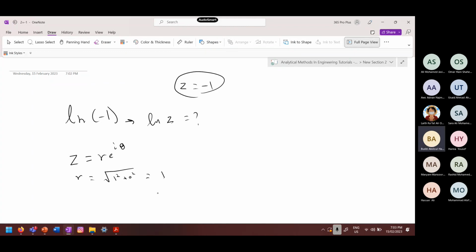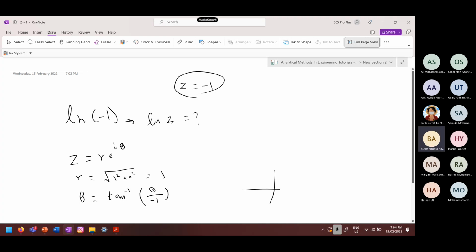You will get 1. That's the magnitude, which is r. As for theta, you'll go by tan inverse, and you will write the imaginary and the real part. The real part goes in the denominator, which is -1, and the imaginary part goes in the numerator, which is 0.